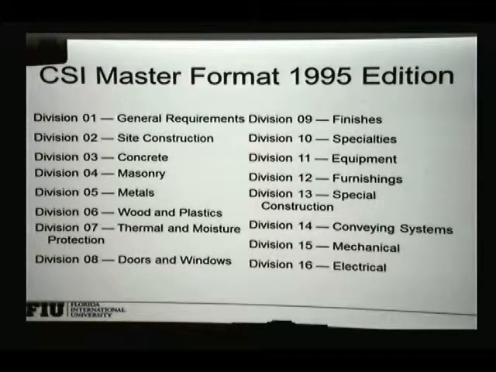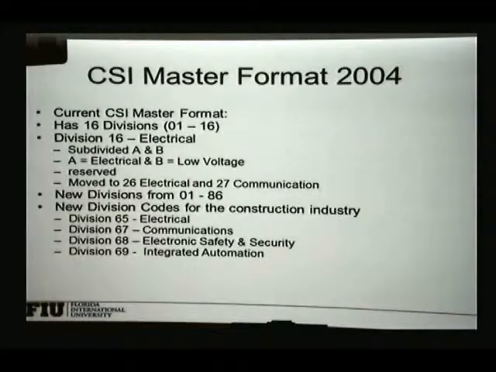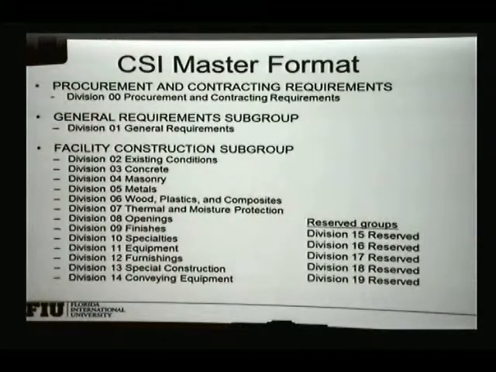Then it changed in 2004 from 16 divisions to 70, right? From which we normally use 50. Most of those are the same 16 divisions, but put together in different places.